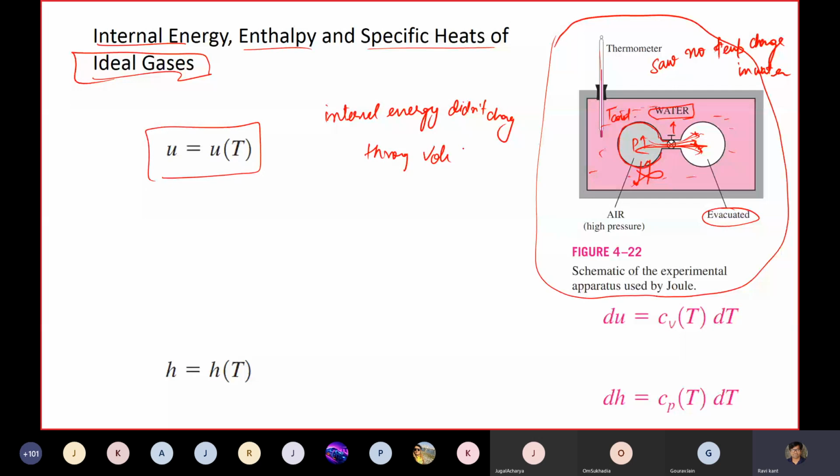So what he concluded was that the internal energy is a function of temperature only.